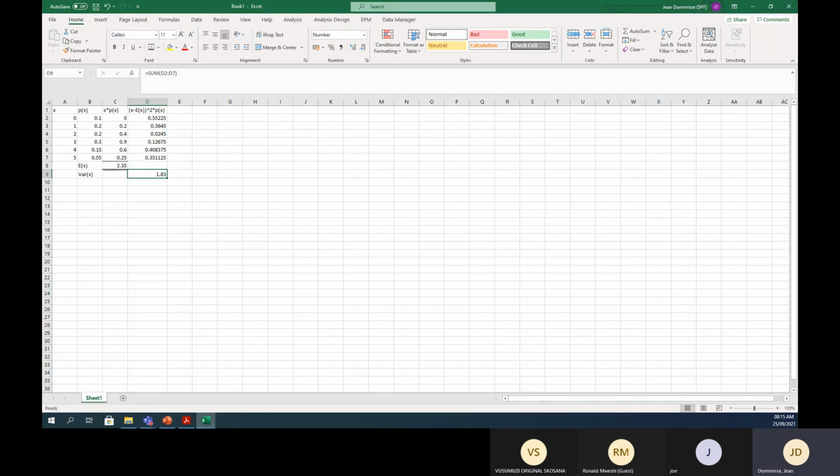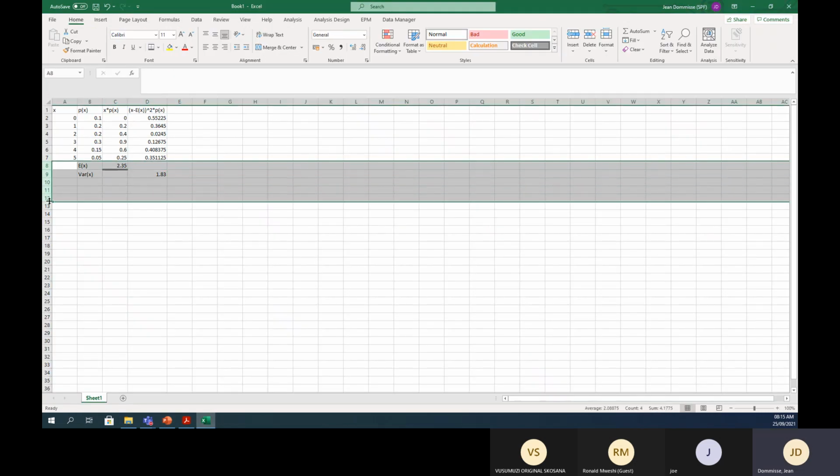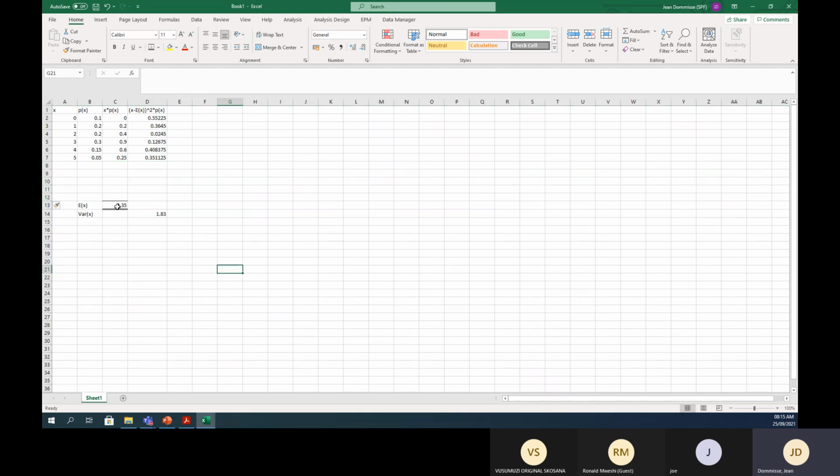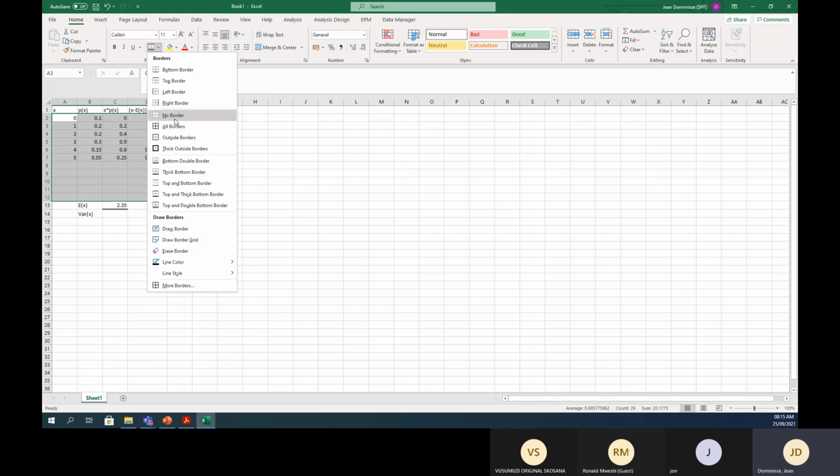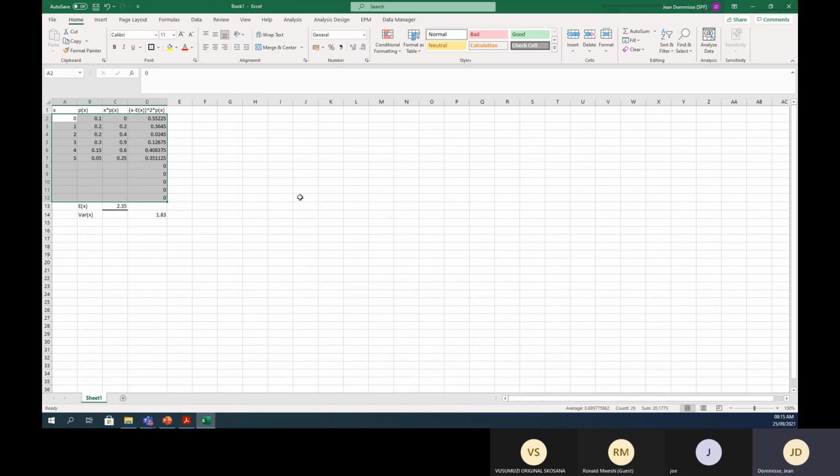So let me also just, while we are here, if you need to add more, let's just see that. Okay, so that is just if you need to add more variables in the exam. It will also calculate that for you.